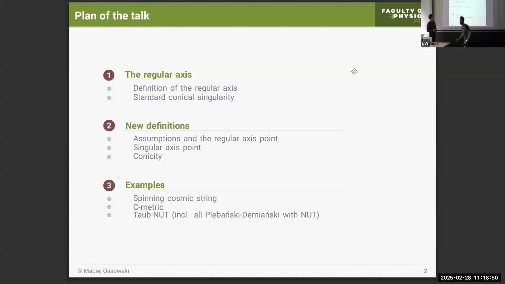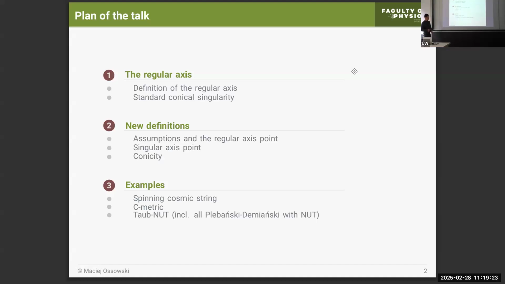Let me start with saying something about the regular axis, how the axis of rotation is usually defined in a spacetime, about the measure of the singularity of the axis, which is called the conicity and the corresponding conical singularity. Then I will tell you about what fails in the generic case, which will lead us to the new proposals for definitions of the singular axis and the conicity.